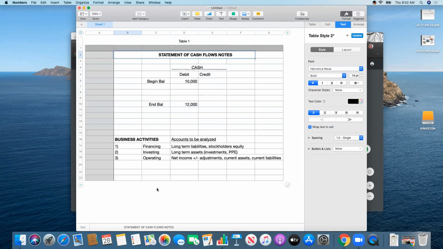And you can see from the example, the beginning balance in the account is $10,000. The ending balance is $12,000. So it's safe to say, from looking at that, the cash increased by $2,000. Well, how did cash increase $2,000? Why did cash increase $2,000?